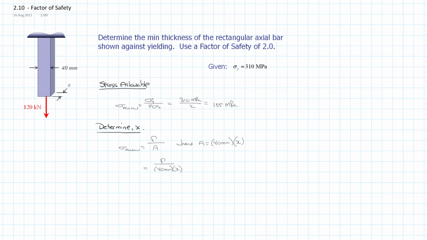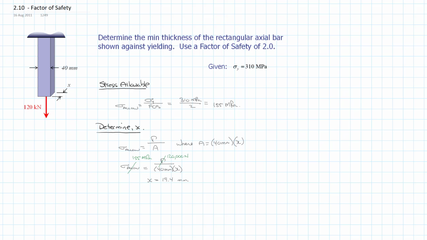And we can substitute in for P. We know P is equal to 120 kilonewtons. We're working again in millimeters, so it's probably better to do that as 120,000 newtons. And our allowable stress we'll set equal to our 155 megapascals. We can isolate for x and solve for x, and we get a value of 19.4 millimeters.